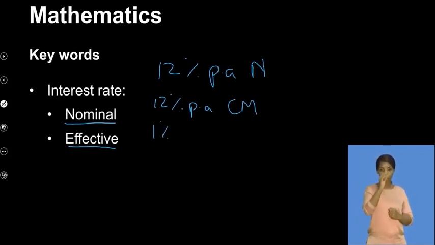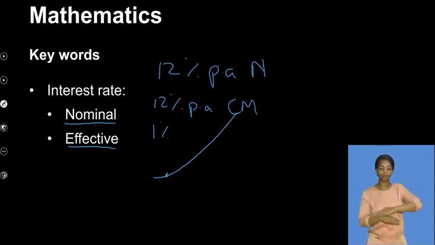But remember that the growth under compound is normally an exponential growth. So the 1% here will be for maybe, let's say, 10 rands. But the 1% here will not be for 10 rands only. It will be for 10 rands plus the 1% of the initial amount that you got.